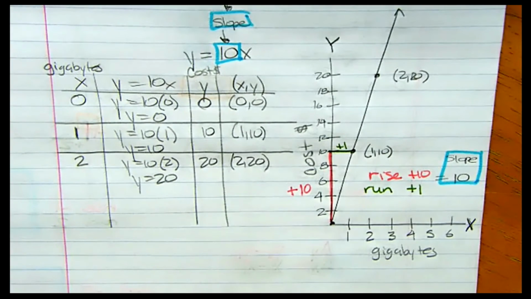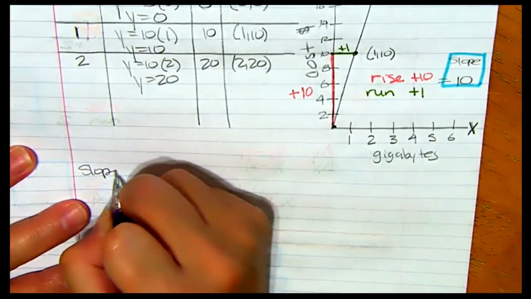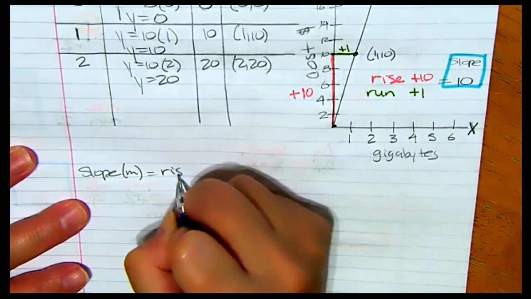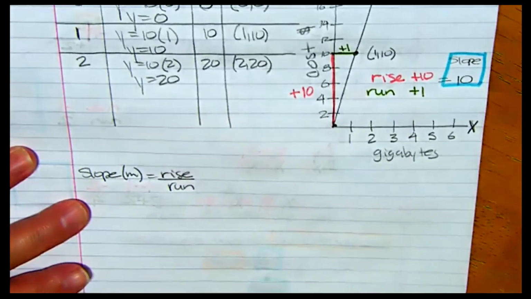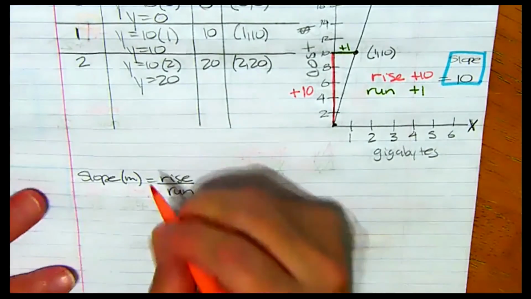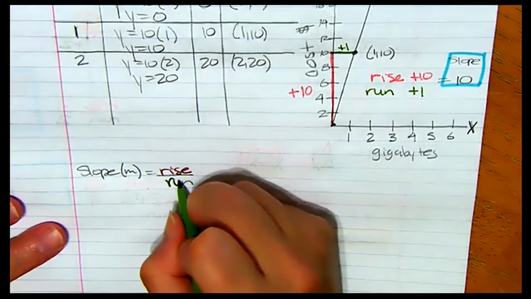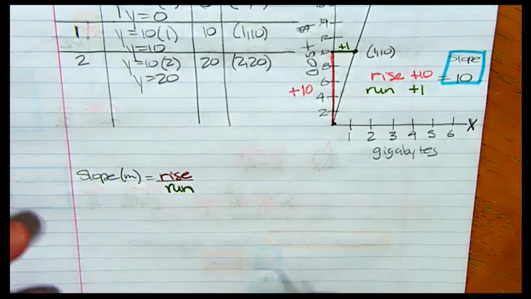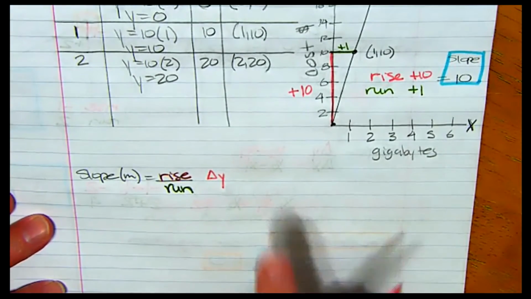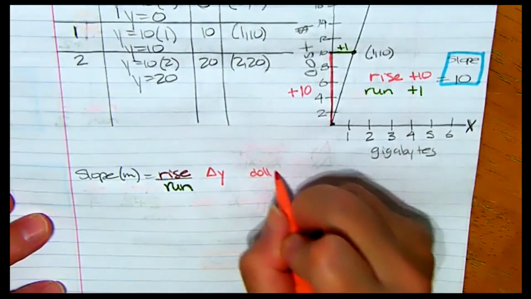Well, let's talk about it. We know that slope is equal to rise over run. I should color code that for you. Rise over run. And we know that the rise is the change in y. Well, my y is cost, or dollars.